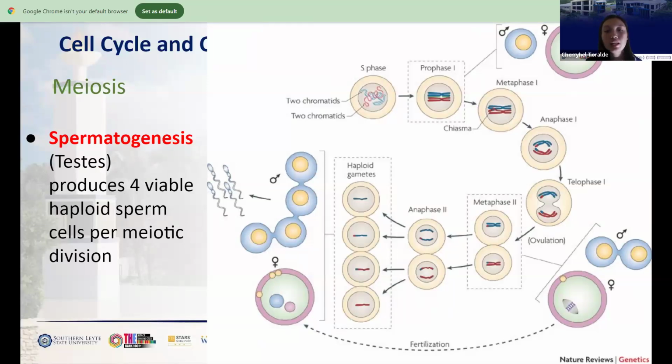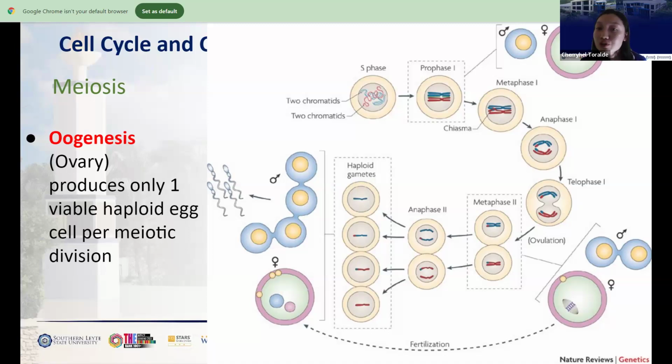Okay. Lastly, let's discuss the difference between spermatogenesis and oogenesis. This is spermatogenesis. It's just the production of your sperm cells in the testes. At the end of the spermatogenesis, you will produce 4 live and viable haploid sperm cells. But in the oogenesis, you will just produce 1 viable egg cell.